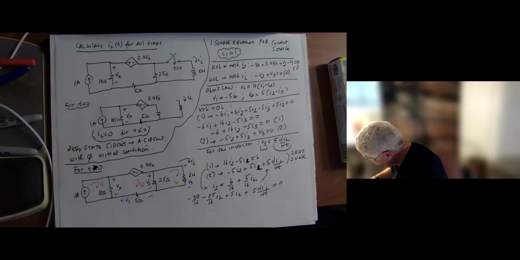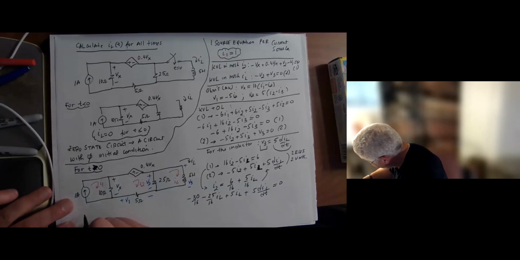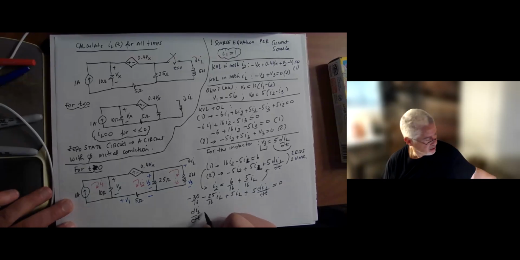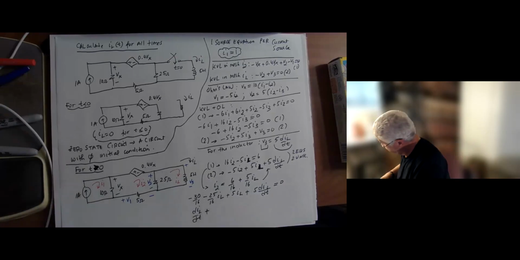When I do that here, what do I have? dIL/dt plus, let me do some calculation here.